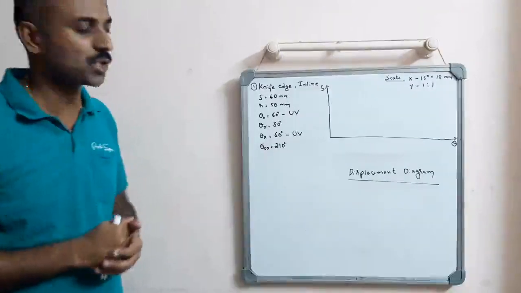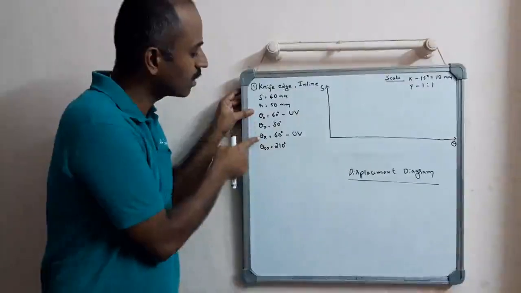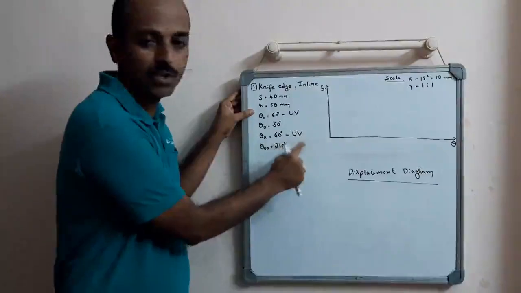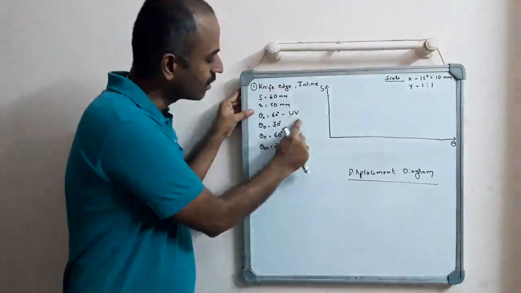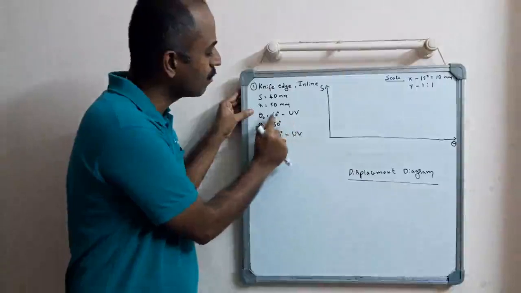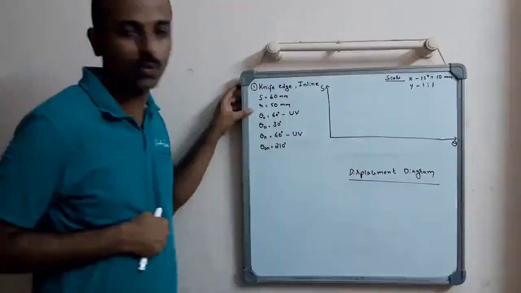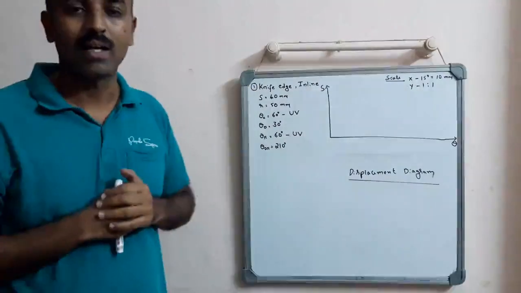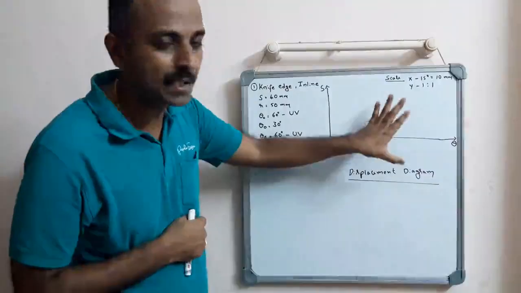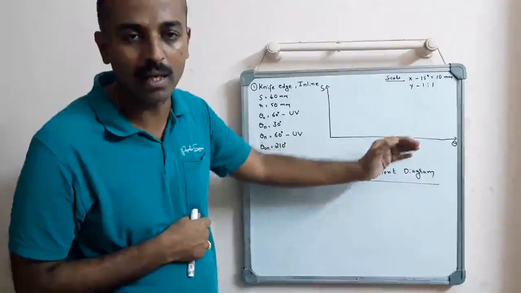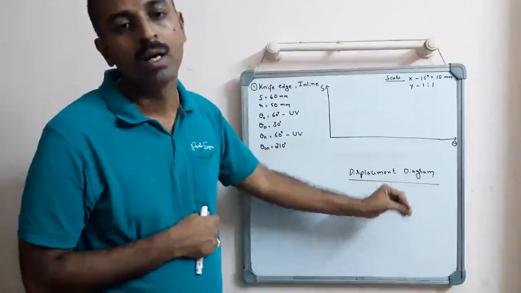As in this question, both outstroke and return stroke have uniform velocity. Mention that data besides outstroke and return stroke. With this given data, first we will draw the displacement diagram of the follower and then we'll go for cam profile.